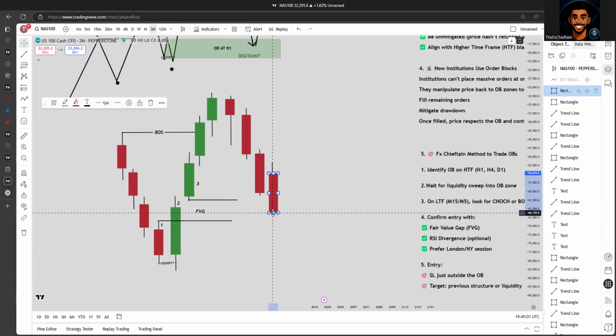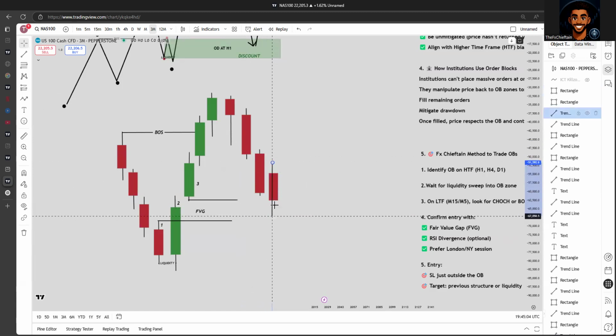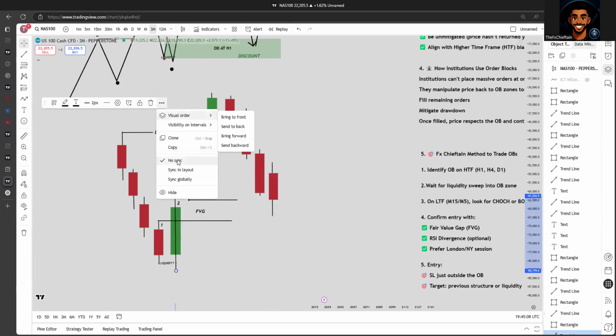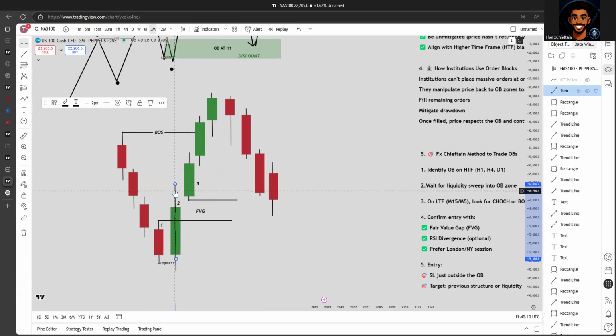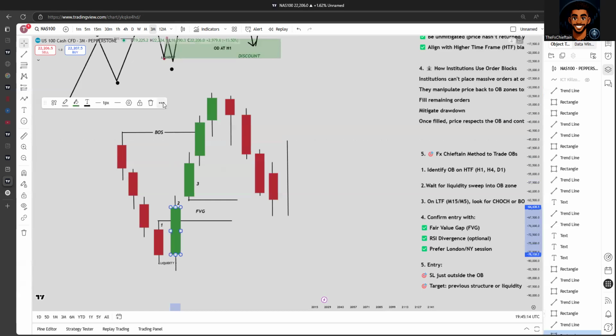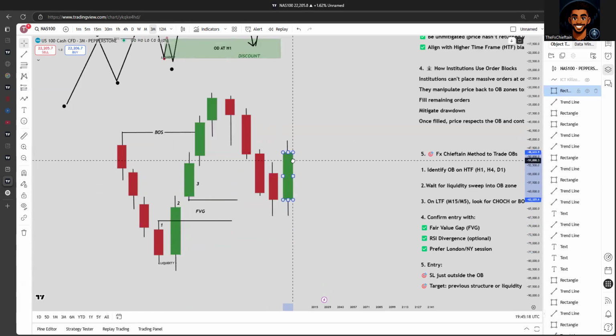Once you see this happen and it tags you in, you're going to see something else like this: an aggressive bullish candle. Because the order has been filled, you see a candle that keeps pushing even higher, even more aggressive.